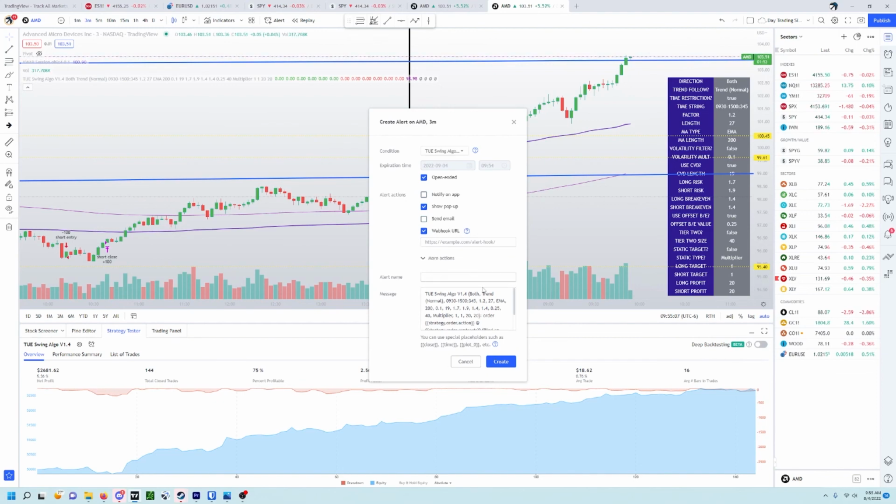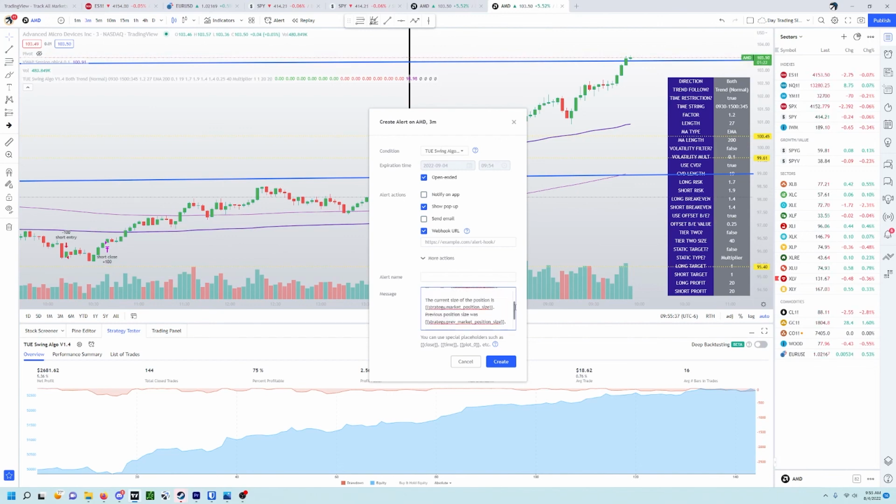No alert name is necessary. And then you're going to paste in whatever you want in here. Now, if you're pasting this in for your own personal trading, we do have something you can copy out of the indicator updates channel in Discord, and it looks like this right here. And it's the same alerts that come through the swing trade bot channel.